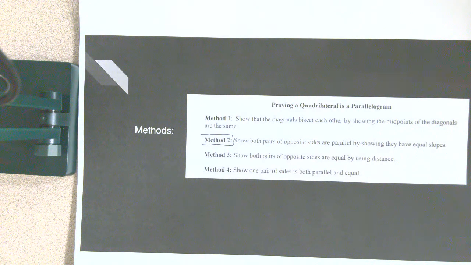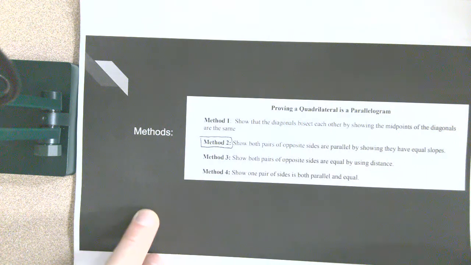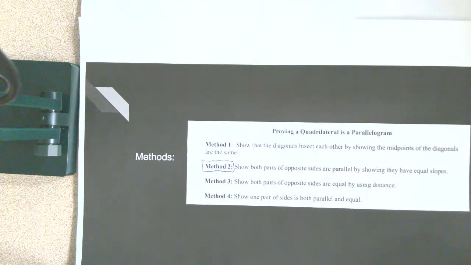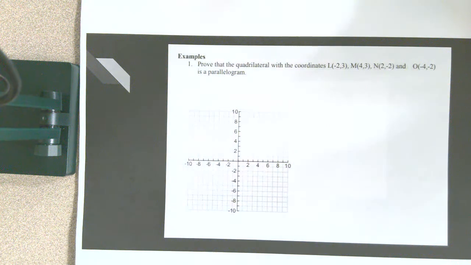So even though we're just going to focus on this one method of finding the slopes, it's important for you to understand there is more than one way to show that a figure is a parallelogram. I've picked the easiest method, or what I think is the easiest for you. And if you find that one of these other methods is easier, then I'm not going to mark that wrong.